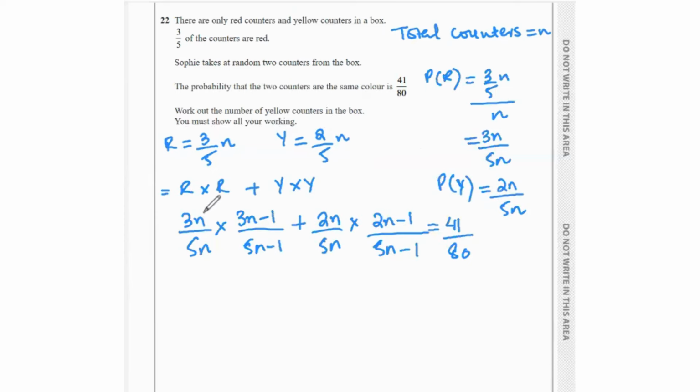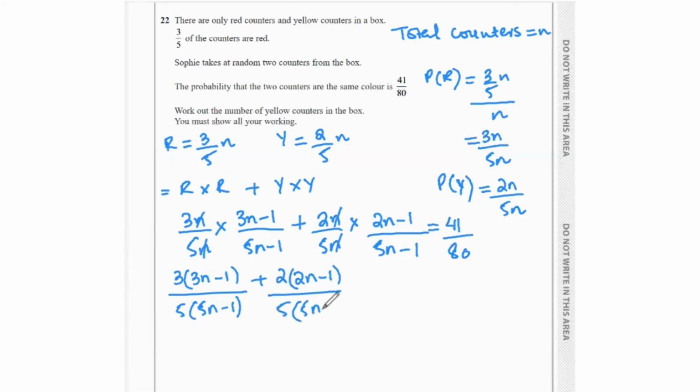So cancel out the n over here. So 3 times 3n minus 1 over 5 times 5n minus 1 plus 2 times 2n minus 1 over 5 times 5n minus 1 equals 41 over 80. 9n minus 3 plus 4n minus 2.